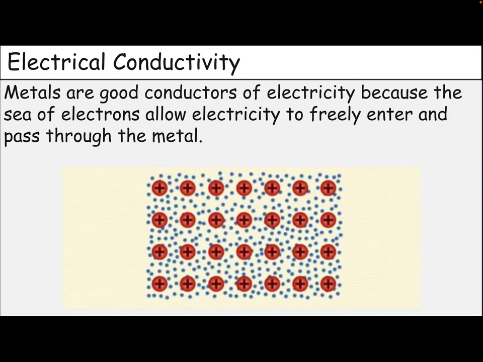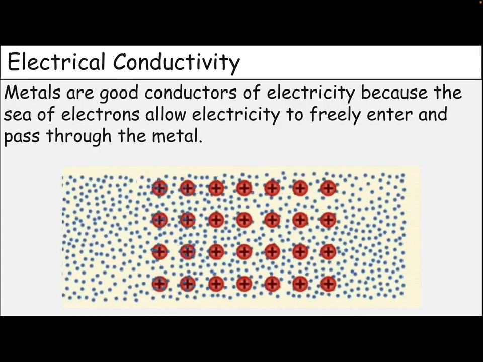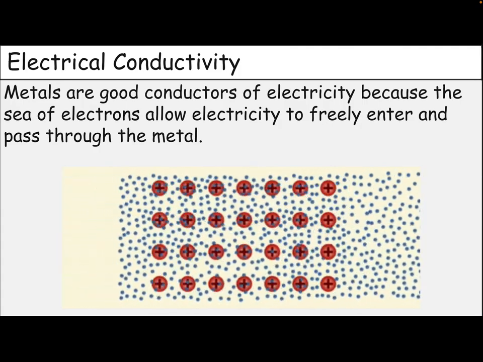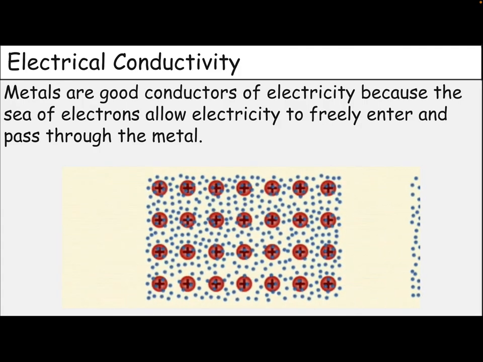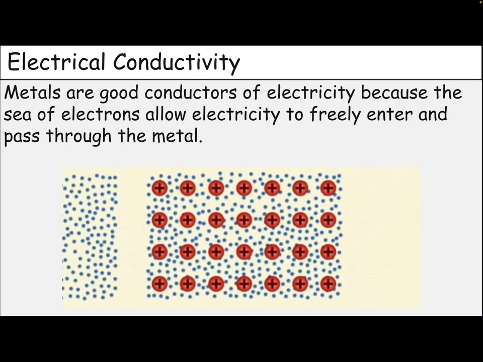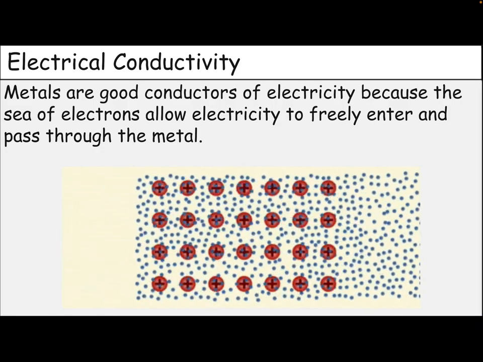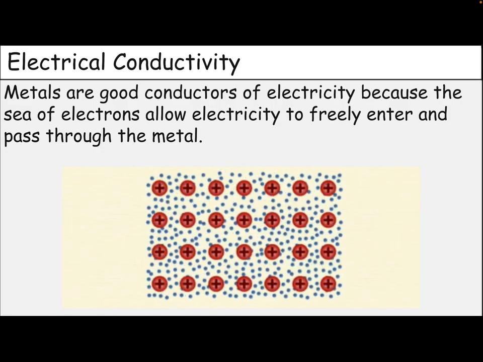Not only that, we're able to see the structure of metals. We're able to see the metal atoms in the sea of electrons that surround the cations, okay? So when electrical current or just a big bunch of electrons enter into the metal, they're able to freely enter and pass easily due to the sea of electrons.